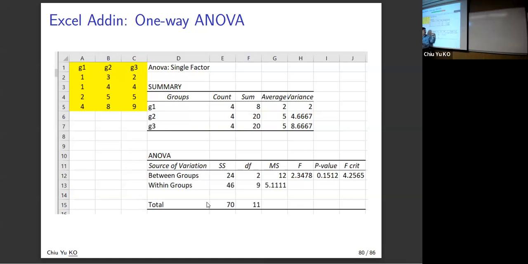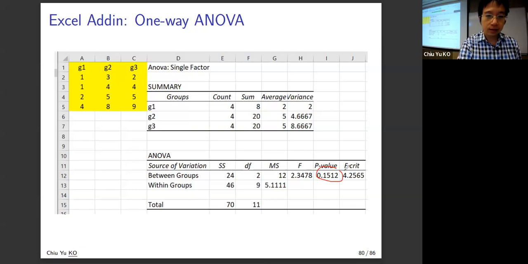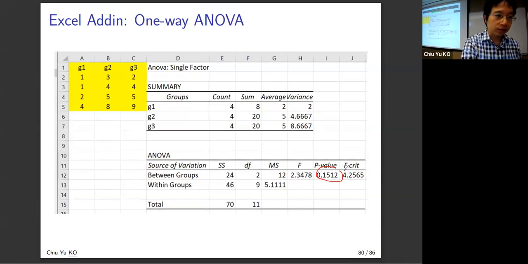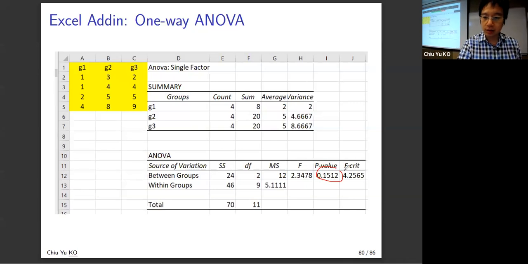This is MSG, so this over this. This over this gives you this one. And how do you get this? We'll be using the F. How to get this number is very simple.